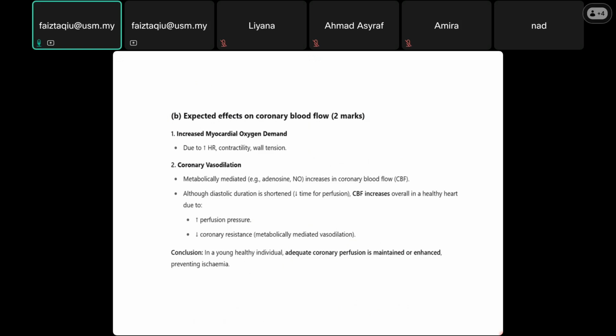Although diastolic duration is shortened, which reduces time for perfusion, coronary blood flow increases overall because this patient is healthy, due to increased perfusion pressure. 90% of candidates answered myocardial ischemia. In a young healthy individual, adequate coronary perfusion is maintained or enhanced, preventing ischemia.